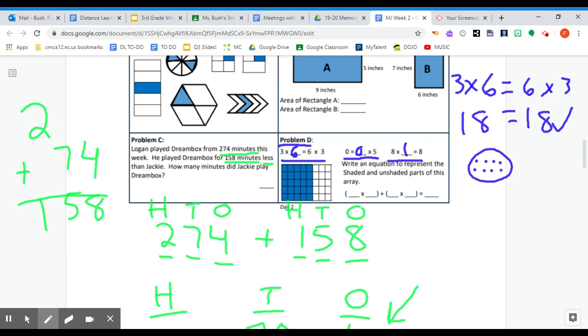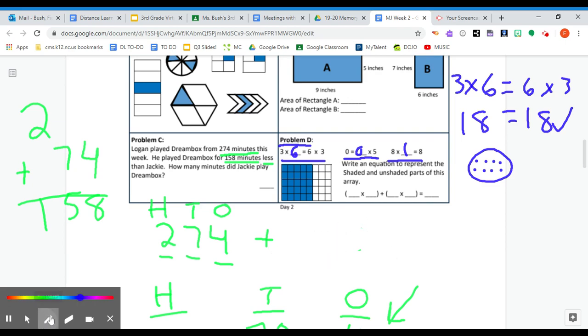Then this one says, write an equation to represent the shaded and unshaded parts of this array. So one thing I want you to remember here with this array is that it has different sides. When I'm looking here, I need to count how many rows I have and how many columns.